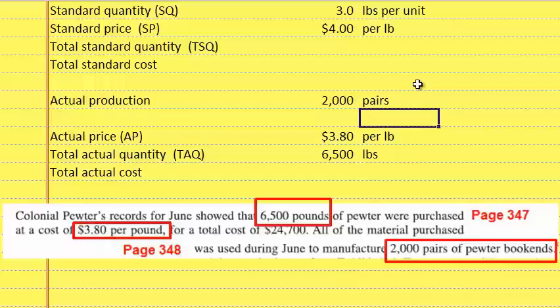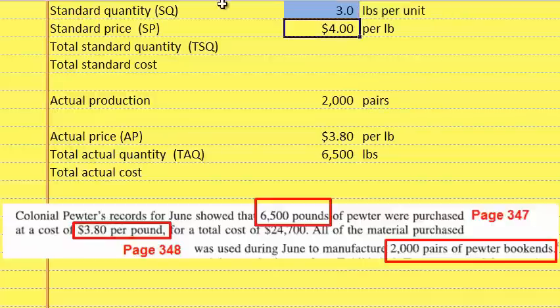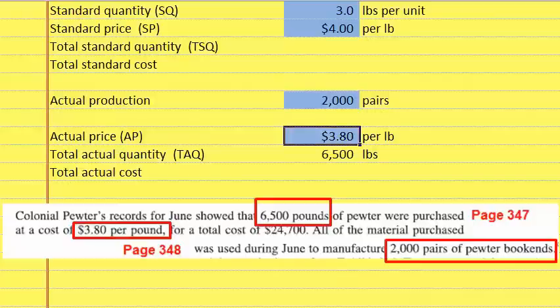And that's all of our given information. So let me mark our given information. There's the standard quantity. There's the standard price, actual production, actual price, and total actual quantity. So 1, 2, 3, 4, 5 pieces of given information.